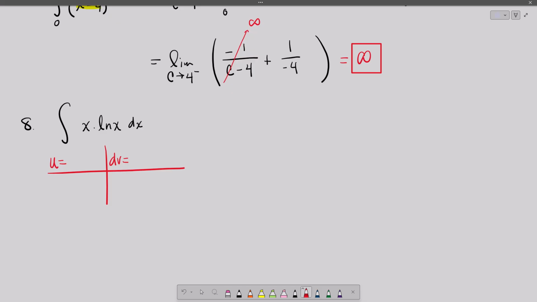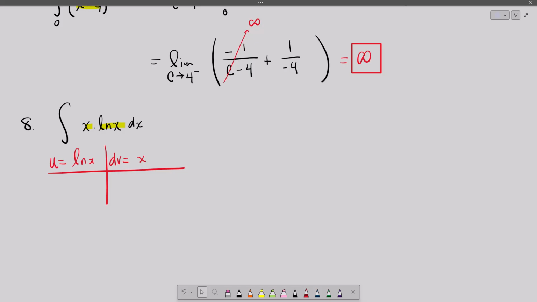When we look up here, we only have two factors. We have x and we have ln x. So one of them has to go with the dv. Putting ln x with dv doesn't make sense because we don't know an immediate antiderivative for natural log of x, most likely. Some of you may know it by now, but that's not an easy antiderivative. So this is the most natural thing to do.